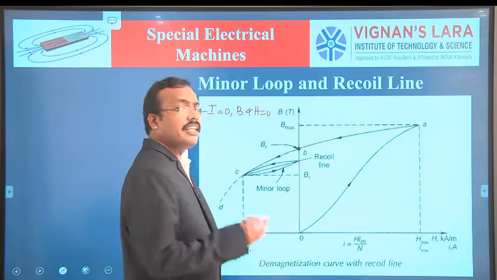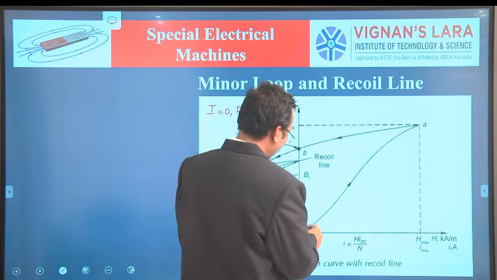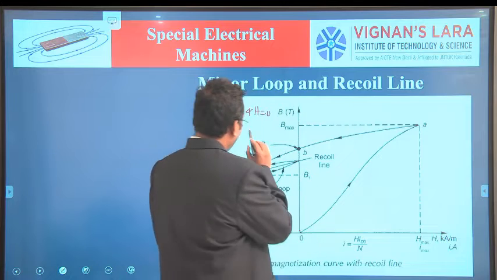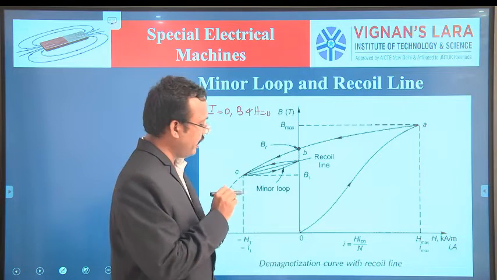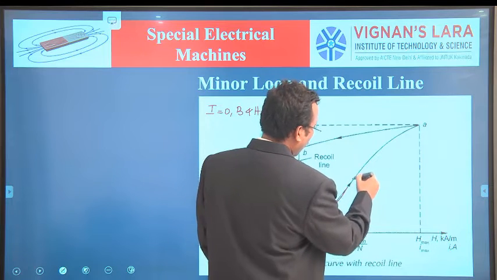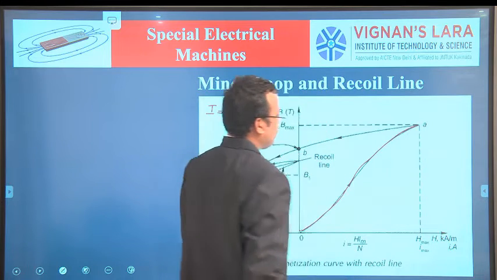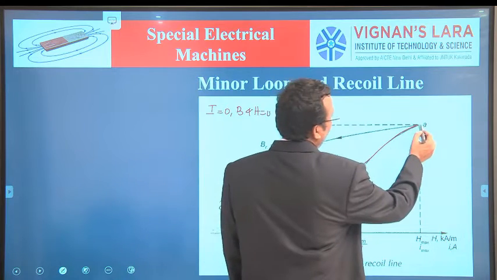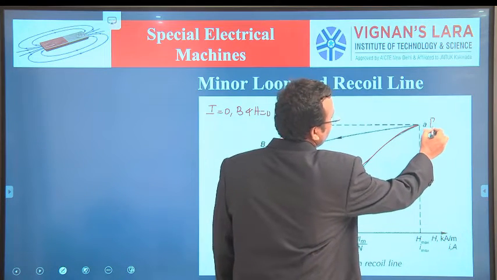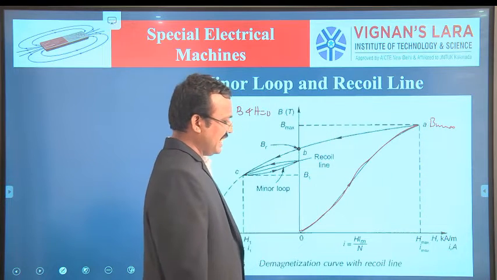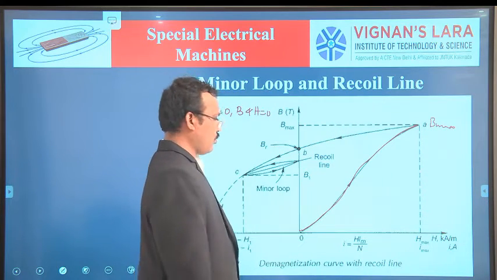Now the current is increased from 0 to a certain value. Now B and H set up in the magnetic material, increasing linearly like this. At a certain point, at its saturating value, the point is called A. At this point, the value of the flux density is called B max. The corresponding point on the x-axis is called H max, the magnetizing force.